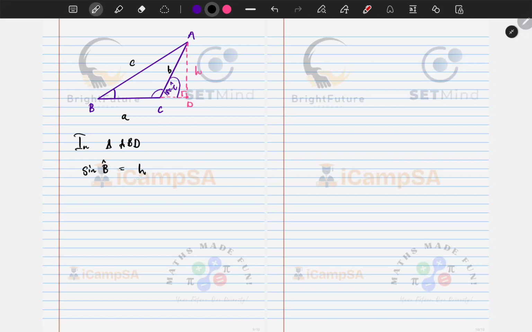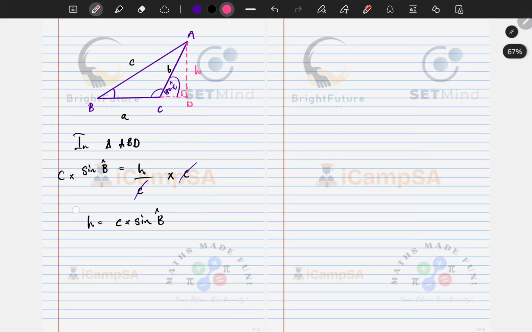Your opposite is going to be H, and your hypotenuse is going to be C. So I can multiply by C on both sides, and then this and that will cancel. Now I'll be left with H equals C times sine of angle B. And this is my second equation.